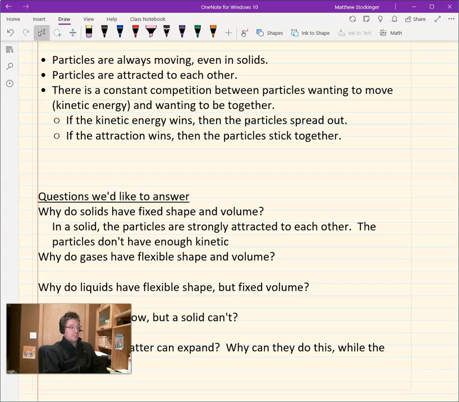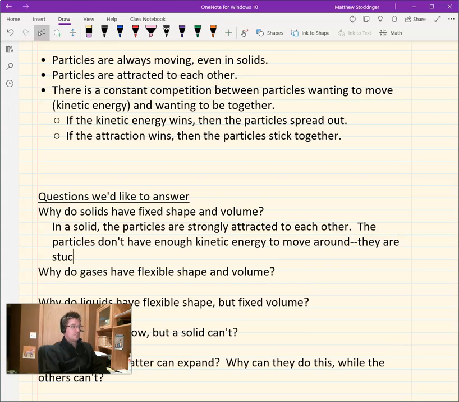The particles don't have enough kinetic energy to move around. They are stuck in one place. Okay, so since the particles are stuck in one place, the whole shape of the whole solid stays the same because none of those individual parts can change.